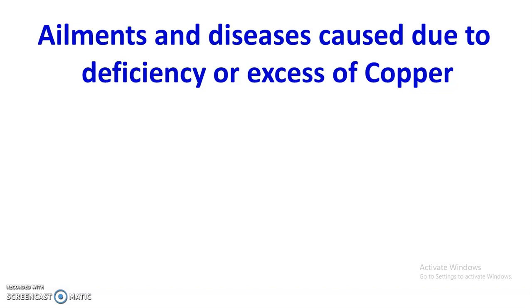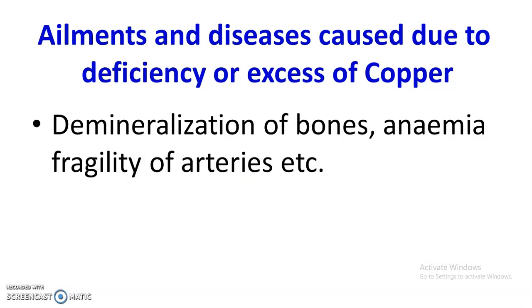Severe deficiency of copper causes demineralization of bones, anemia, fragility of arteries, hypopigmentation of skin, and graying of hair. These are caused due to deficiency of copper.